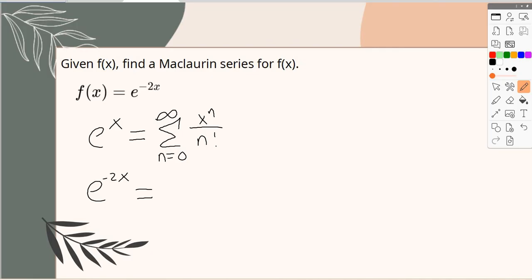The x value. I already had an e, this already has an e, so I just replaced the x value. Are we with me? Which means that I'm also just replacing the x value in my summation. Does that make sense? This formula already takes care of the e, the only difference is what I have for x. Are we all okay with that?